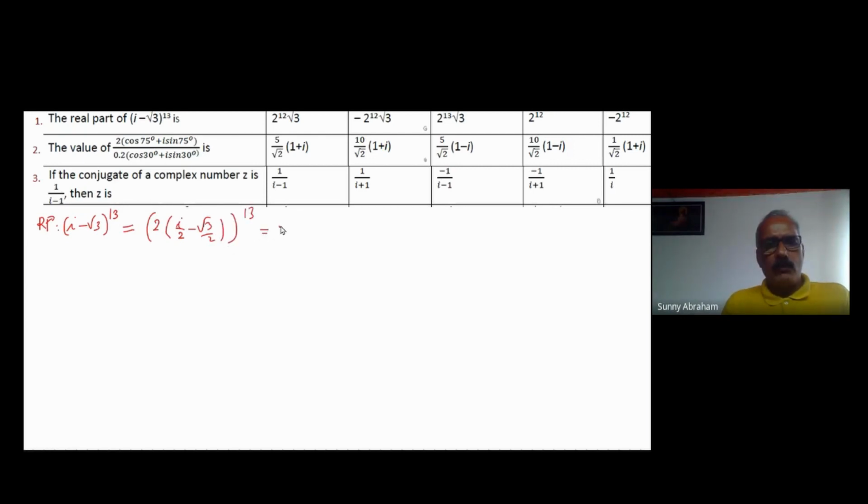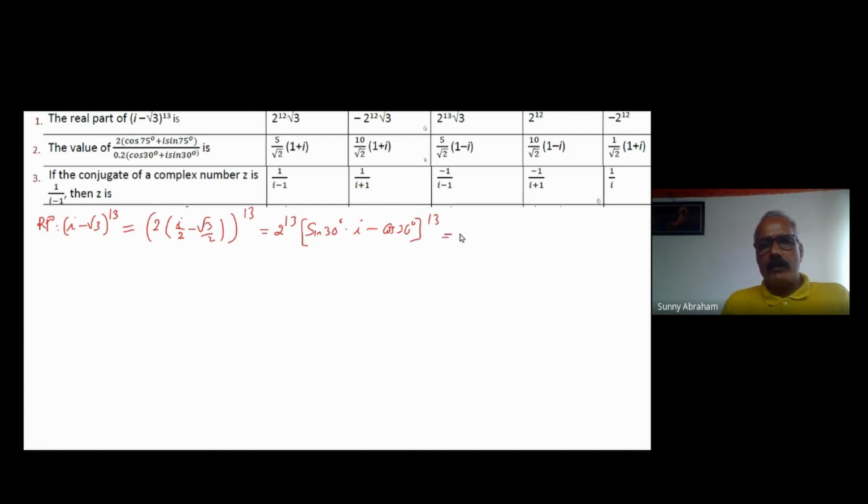So it becomes 2 raised to 13 into, 1 by 2 is sine of 30 degree, into iota, minus cos of 30 degree, the whole raised to 13. Iota into sine 30 minus this. Let us take an iota also outside.